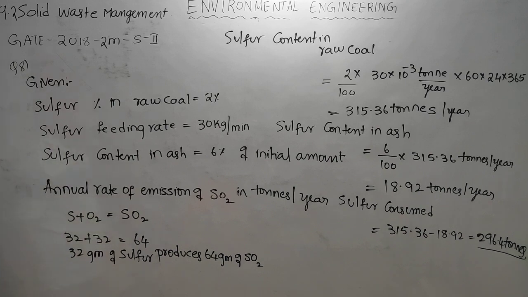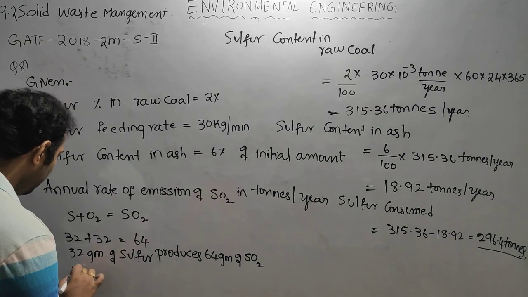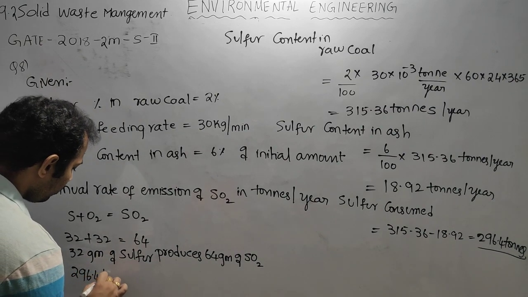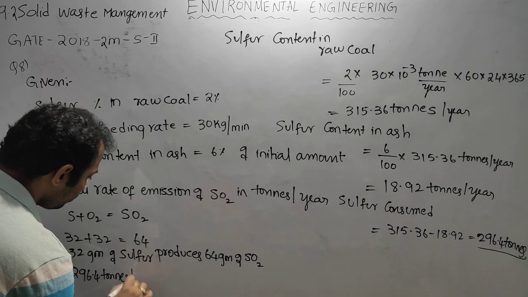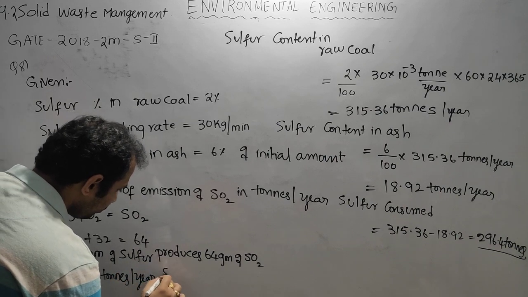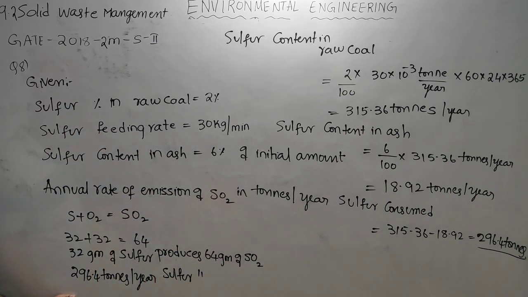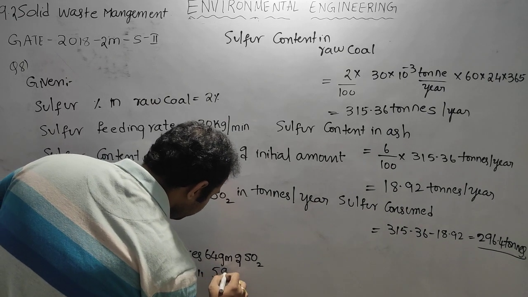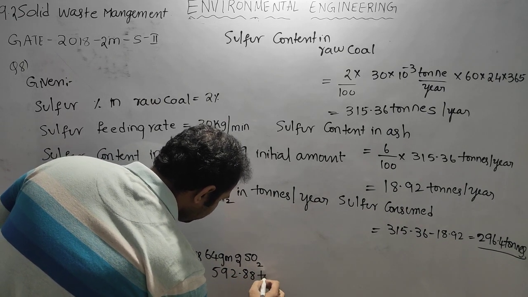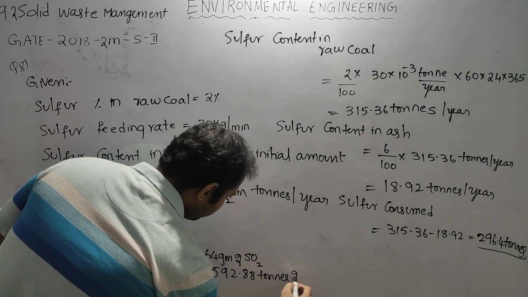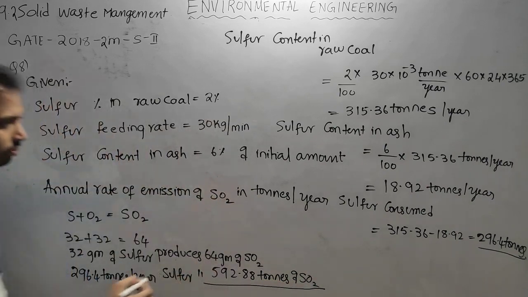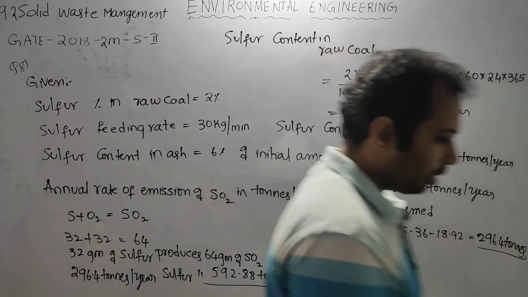Then 296.4 tons of this is simply doubled. So 296.4 into 2, that is 592.8. So this is the answer of question number 8.